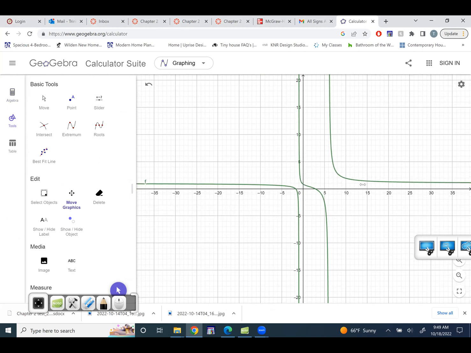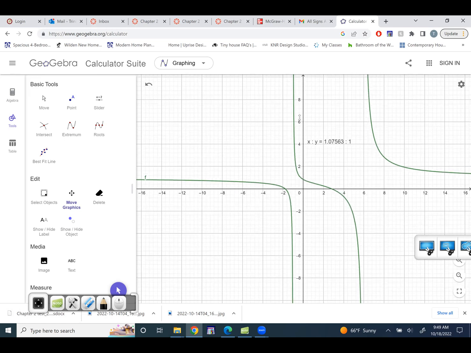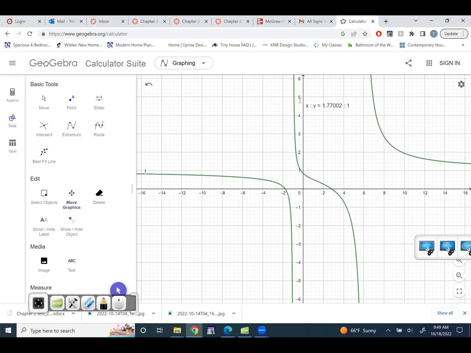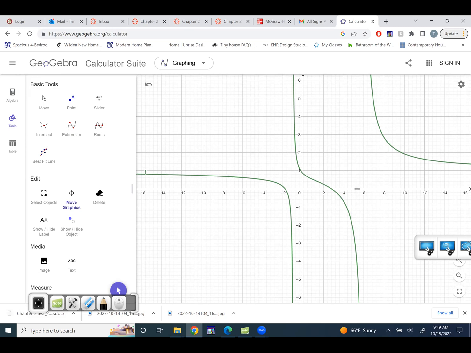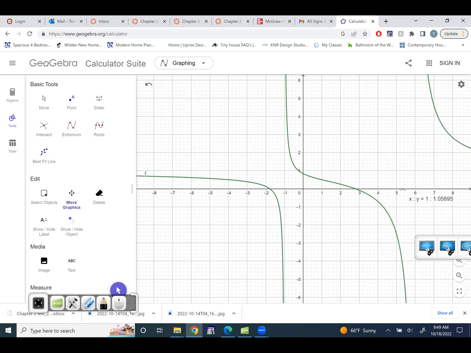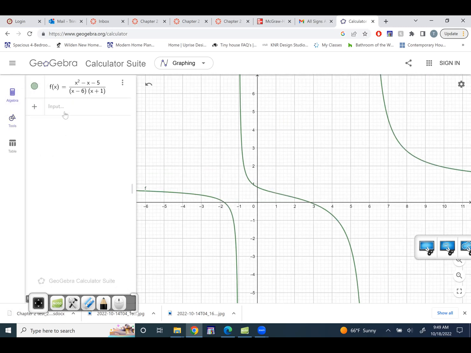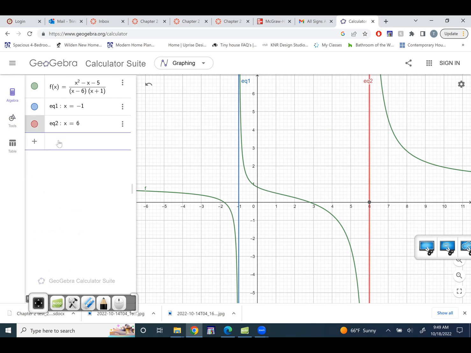And I'm going to adjust the x-axis a little bit. All right, that looks really good for what we got, right? Okay, so at x equals -1, that's where we got a vertical asymptote. And then at x equals 6, that looks great. And then I believe we had 1/1, so y equals 1 was our horizontal.